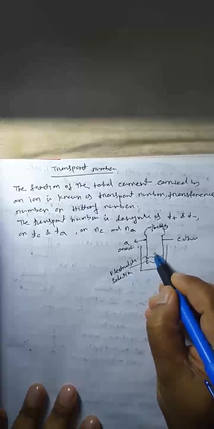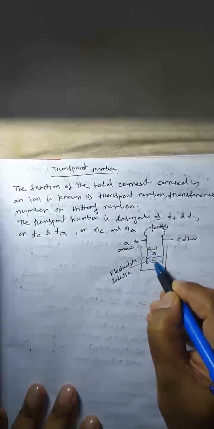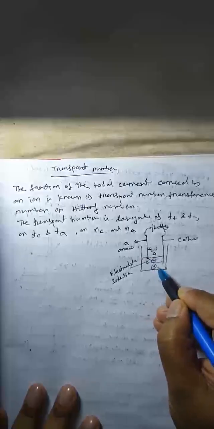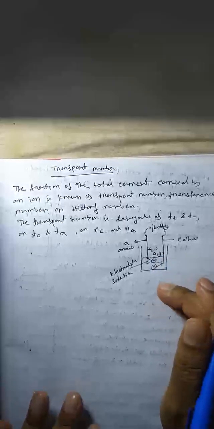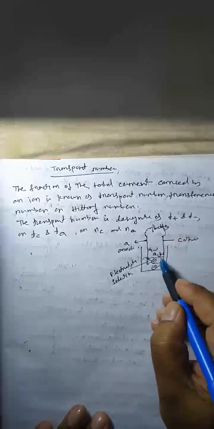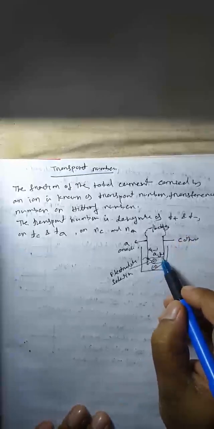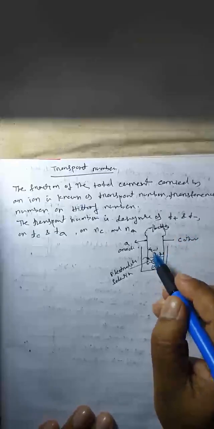All negative charges move towards the anode and all positive charges move towards the cathode, and while moving they carry the current. So here the ions, not electrons, are responsible for conducting the electric current.